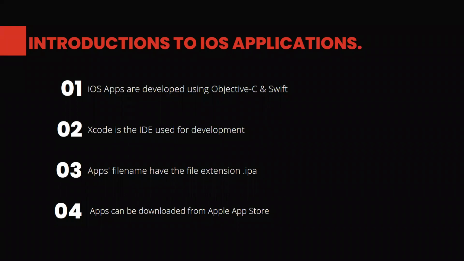Then Apple came up with a new proprietary language, called Swift. Most modern applications are developed using Swift, because Swift is pretty easy to use, and Objective-C is slightly complicated. But at the end of the day, even if you are building the application using Swift, it can still run using the Objective-C runtime. That is something we need to note.